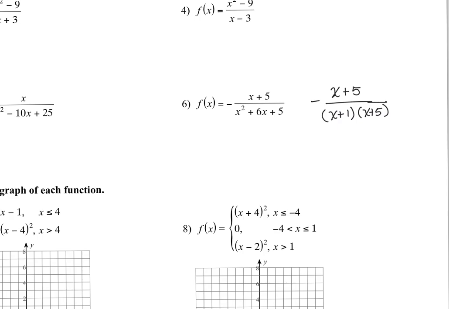This clearly has two problems. I'm going to have two places where I have a discontinuity. Does everybody see that? That denominator is going to cause me some problems. The two problems that I have here are when x equals -1, that causes a 0 in the bottom, and when x equals -5.